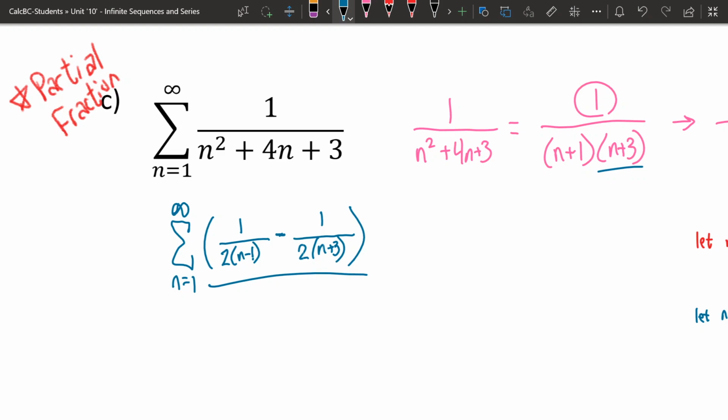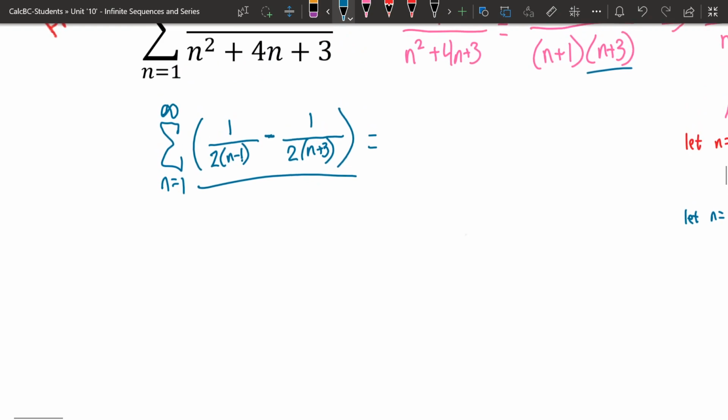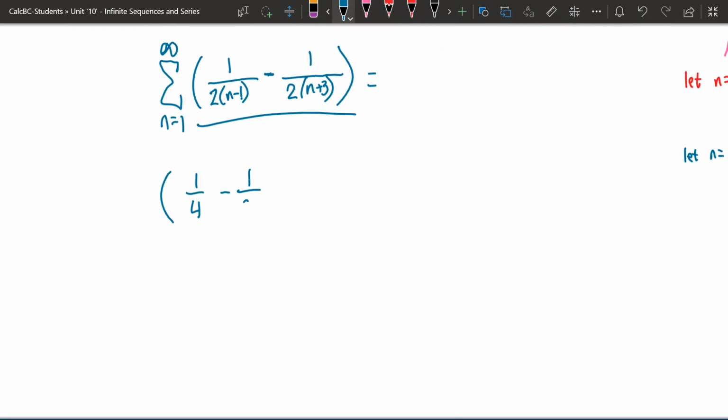So now let's try our telescoping series test. I'm going to come below that, see how much space I've got. All right, we're just going to plug in our values. Find our first term, plugging in 1. We get 1 over 4. All right, and our second piece, 2 times 4 is 8, so we get 1/8. All right, so that's our first term.